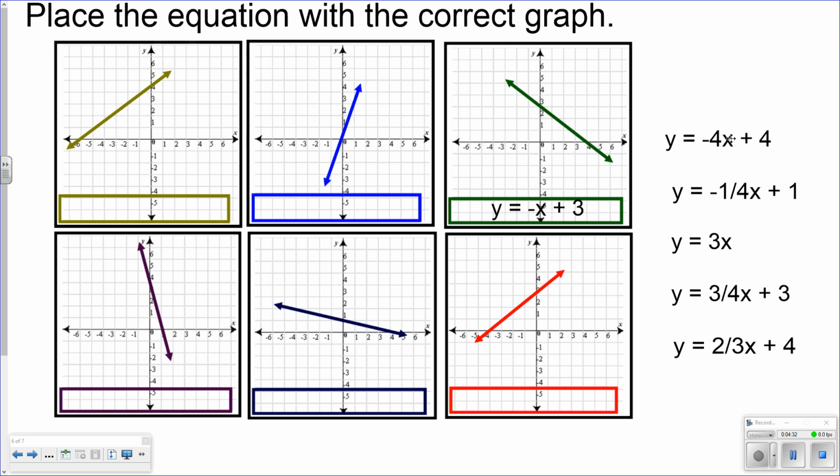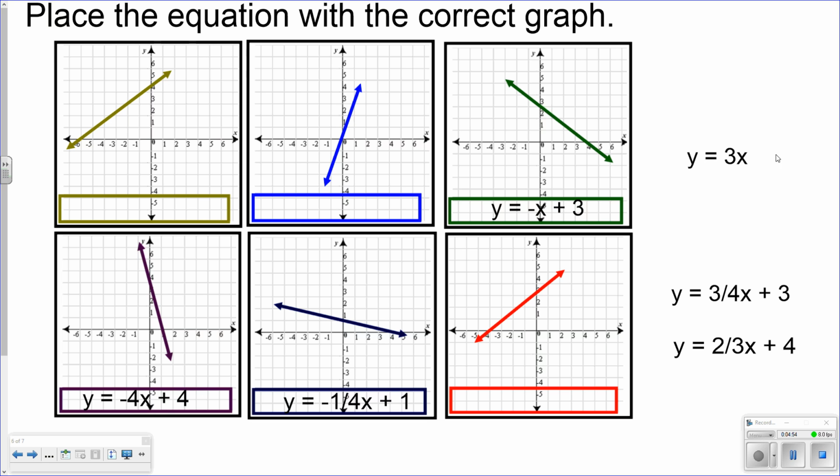Okay, here this is +4, and it's again a negative slope. So here, this one's at 4, the y-intercept, but it's a positive slope, and this one's negative. All right, +1 with a negative slope, y-intercept is +1, so it's going to go there.